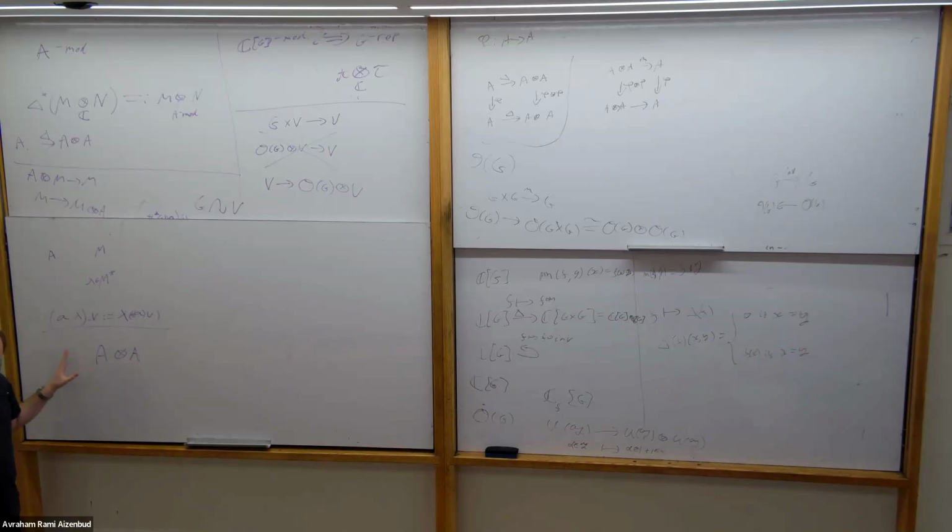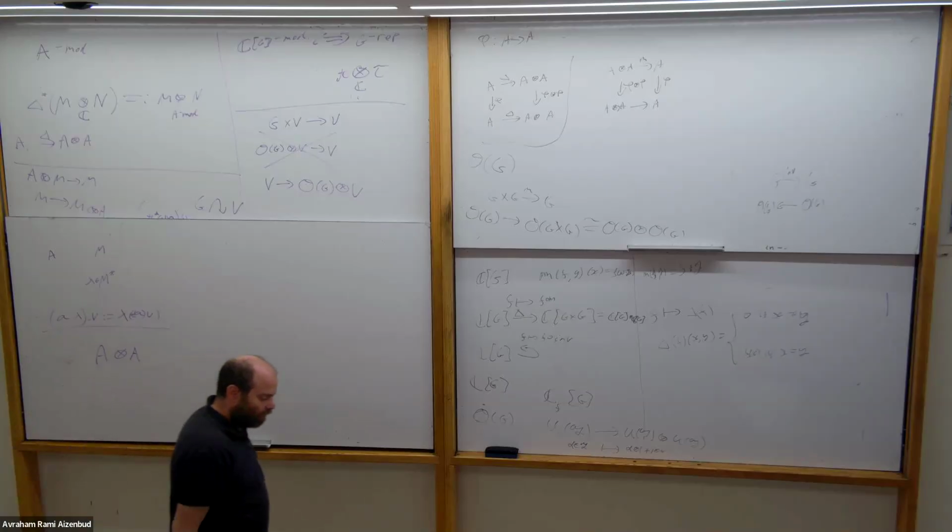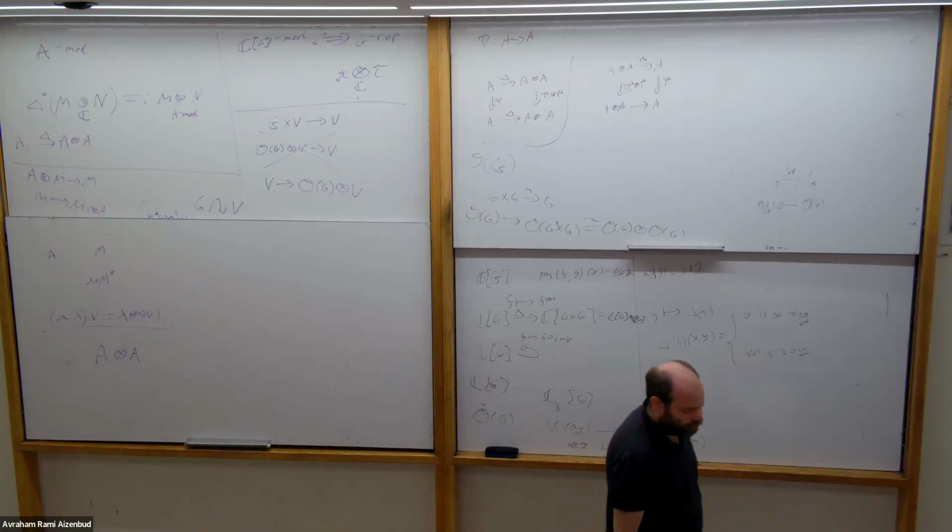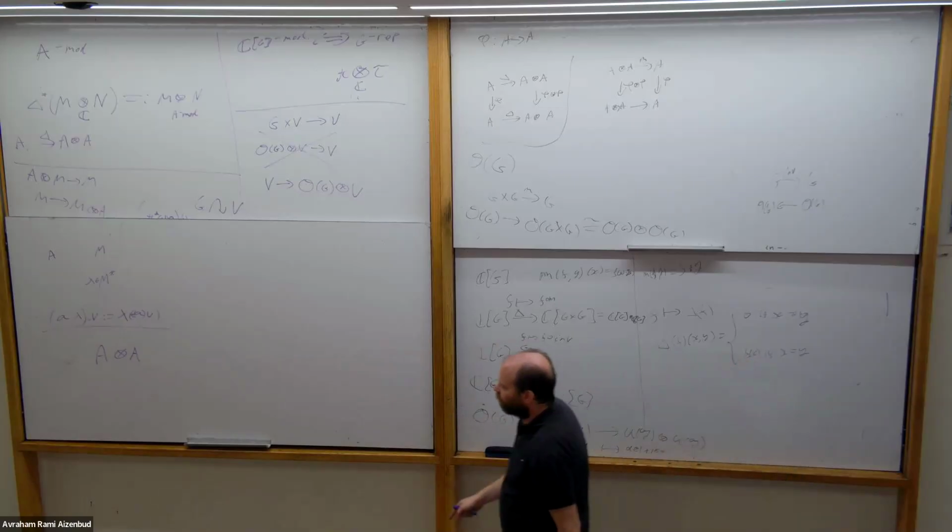So if you have a braided structure on your Hopf algebra, it's equivalent to giving some element in A times A that satisfies some conditions, because the braided structure satisfies some conditions, the braid axioms, etc. This element is called the R matrix.